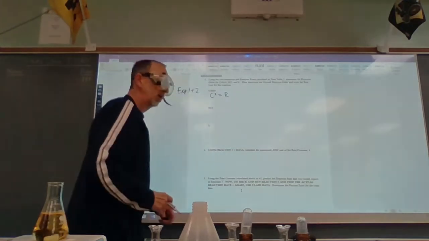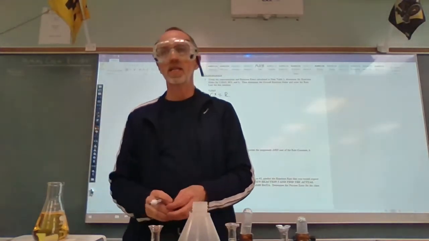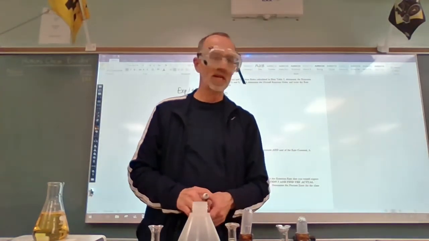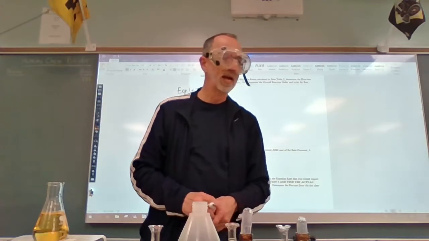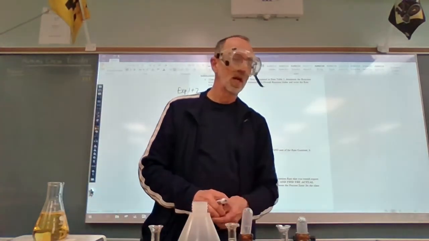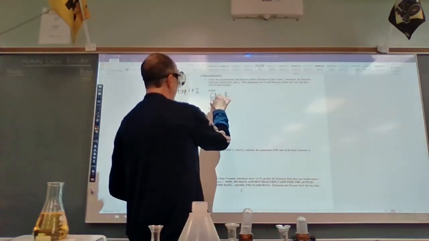In experiments 1 and 2, the concentration of acetone is changing and the other 2 remain constant. So if we look at those concentrations between experiments 1 and 2, we will see that the concentration of acetone doubled. That is 2 to the X power.